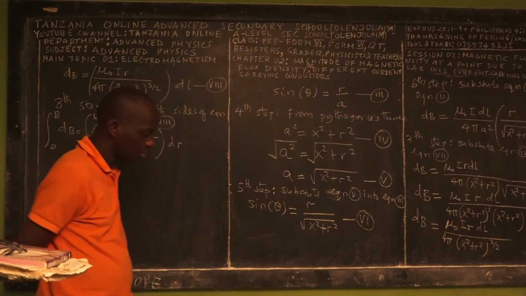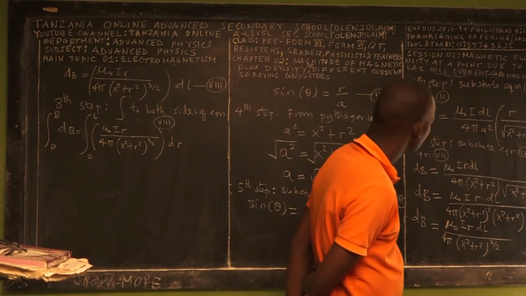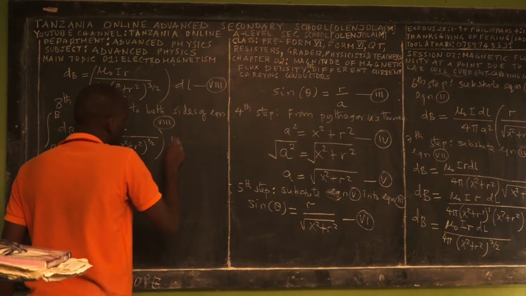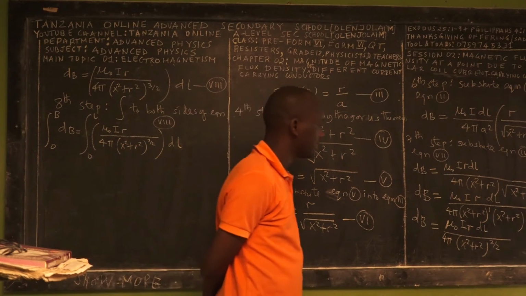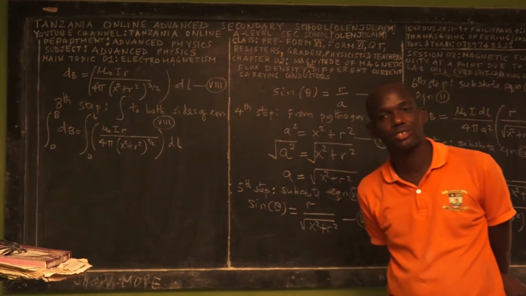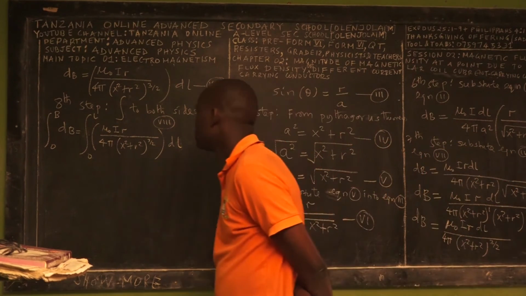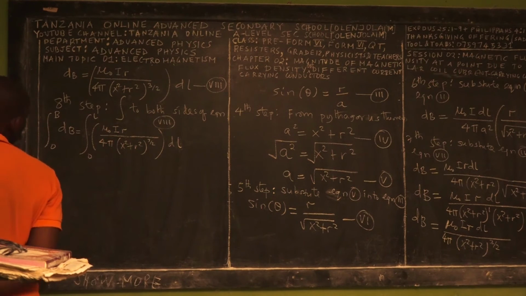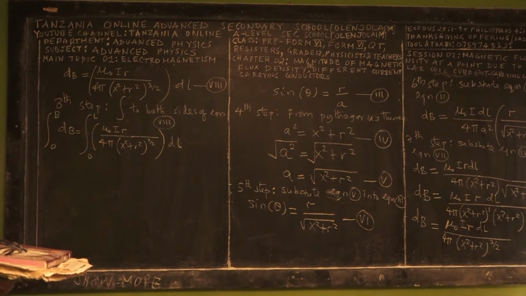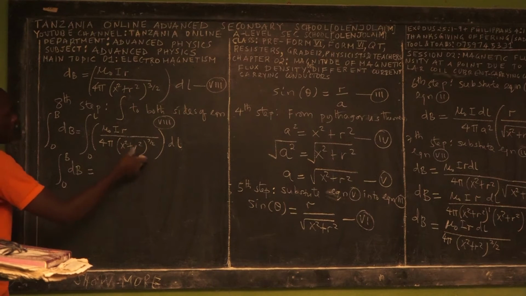Why should you integrate from 0 to length? Because we are dealing with a circular coil. So the length of the circular coil is what we call the circumference. So for this case, if you integrate from 0 to magnetic flux density, all of these physical quantities are constant.